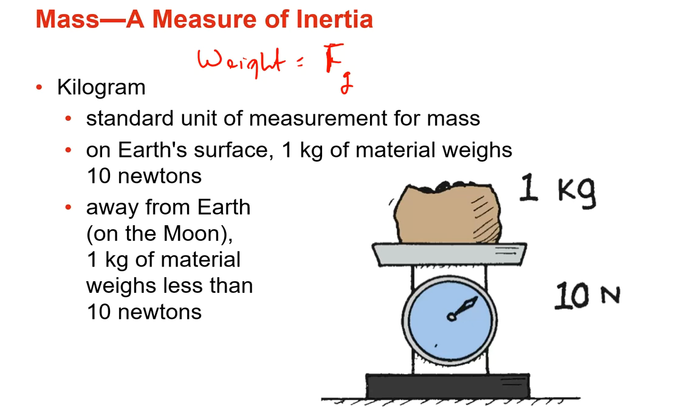A force in physics is anything that pushes or pulls. So a force is anything that pushes or pulls, and weight is an example of a force. It's the force due to gravity, and that's why I put F with the subscript G. F for force, G for gravity.